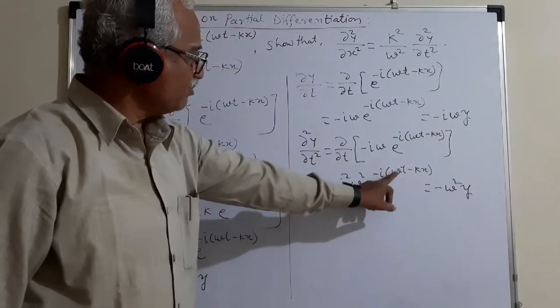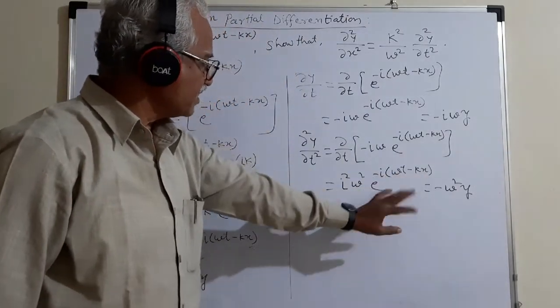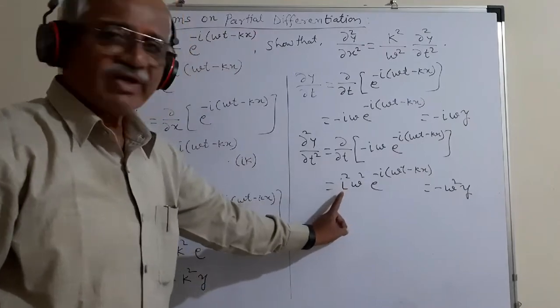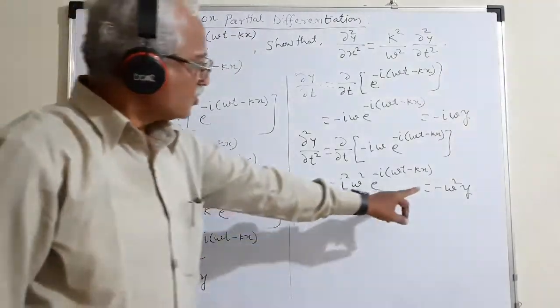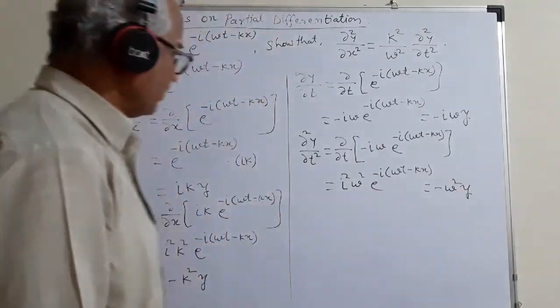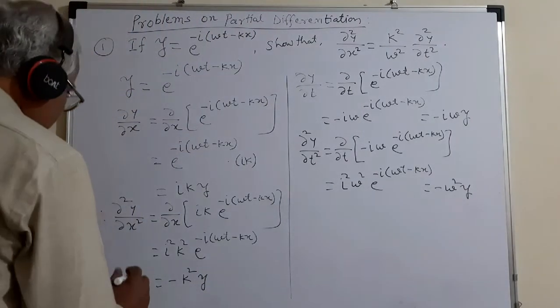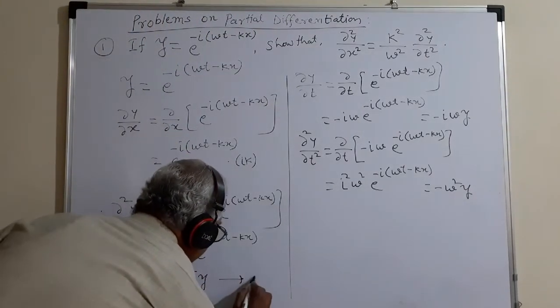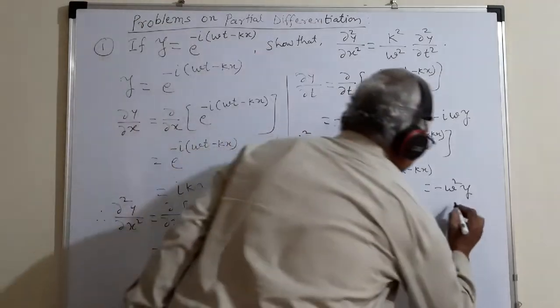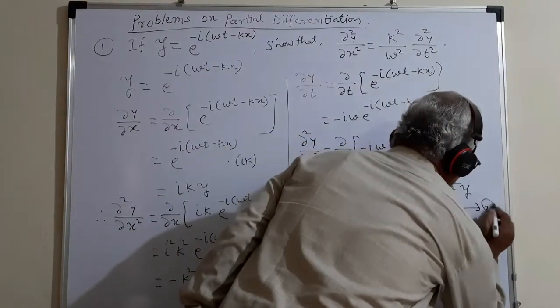This term is nothing but y, so this i² can be replaced by minus 1. So it becomes minus omega² y. So let us consider this is equation number 1 and this is equation number 2.